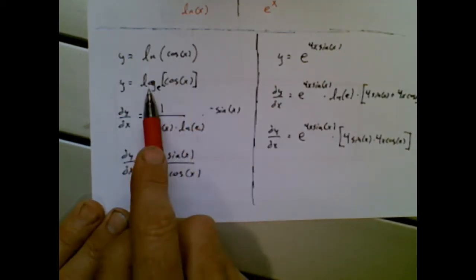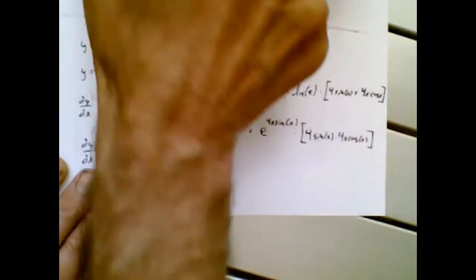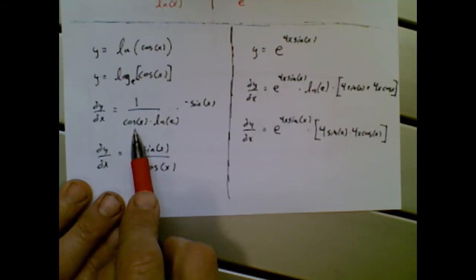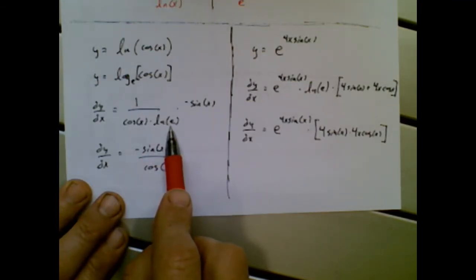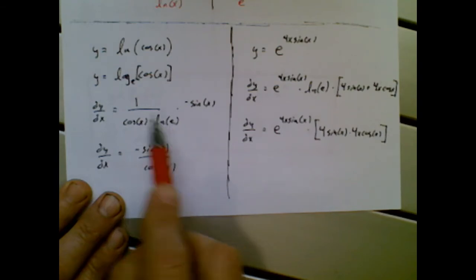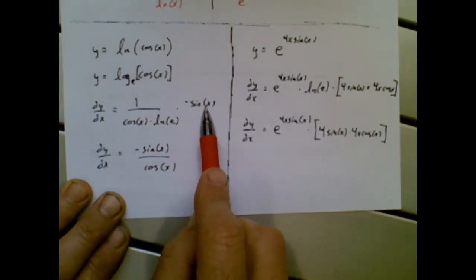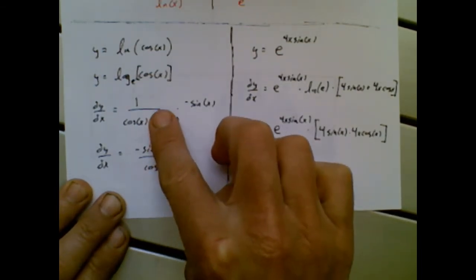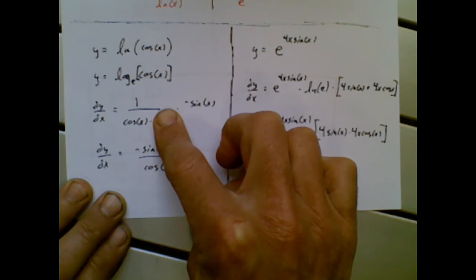I'm going to rewrite that as log base e of cosine of x, and now I'm going to use the real rule from up above. 1 over the inner guts times the natural log of the base, that's that part that we added on from the real rule. Well, the base is e, so I do natural log of e, and then times the ninja. When we did this on the other side, we didn't know about the natural log of the base, so we didn't do it. So why did it work?